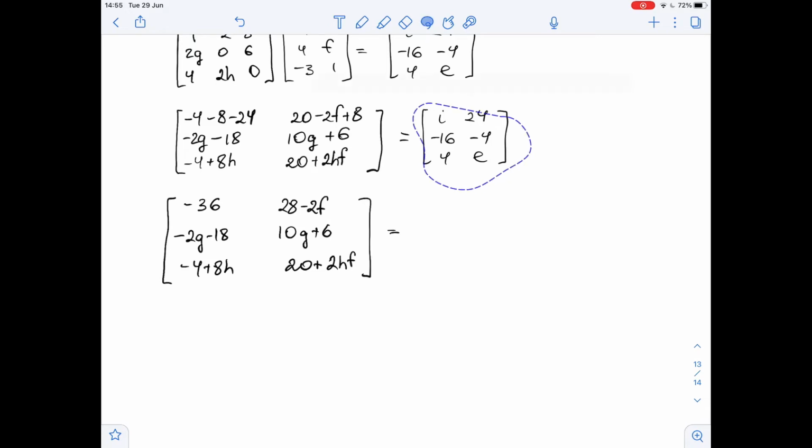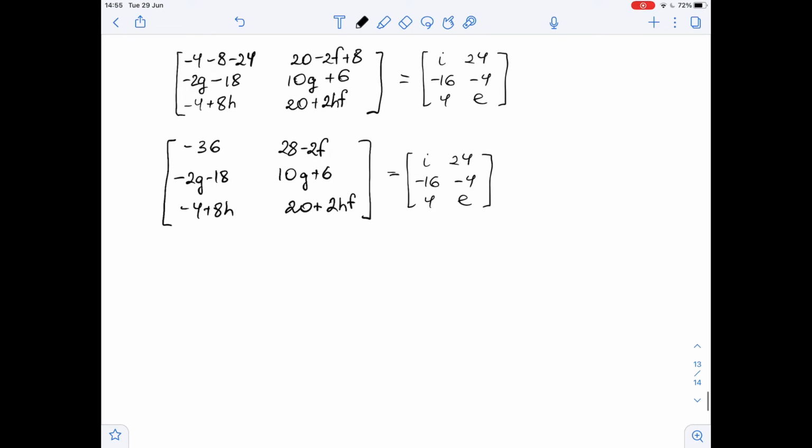Now, since these two matrices are equal, that means that their entries need to be equal. So we can write down the system of equations. First of all, -36 equals i. So i equals -36. Next, 28 minus 2f equals 24.